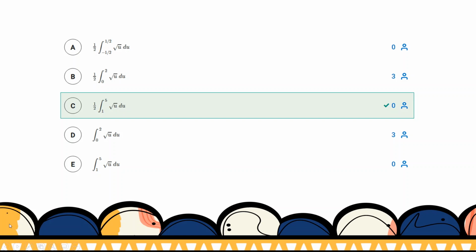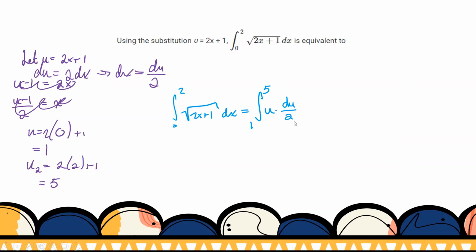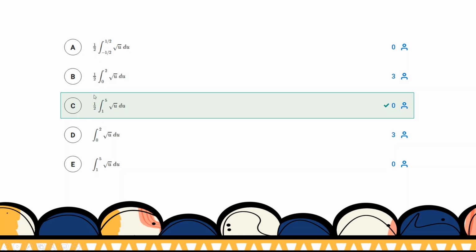Okay, and just kind of like going back, we see we have the 1/2 pulled out and the 5 and 1 for limits of integration. So I'm looking for a 1/2 that eliminates D and E, and I'm looking for limits of integration of 5 and 1. That eliminates A and B. And so we're left with answer choice C. So it looks like the biggest problem we had was we didn't change the limits of integration in this problem.